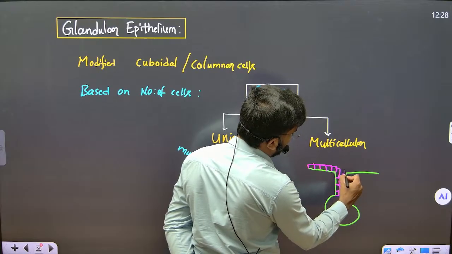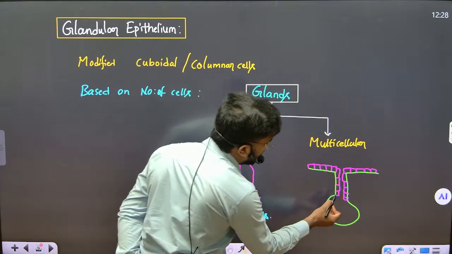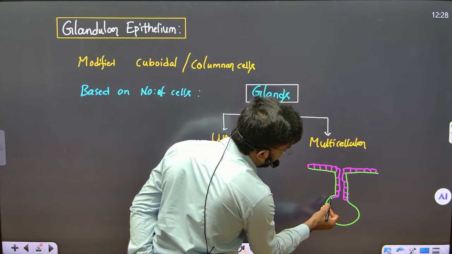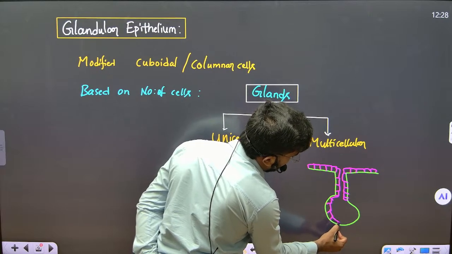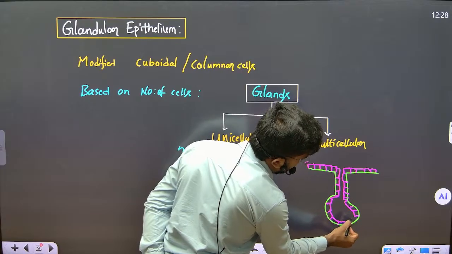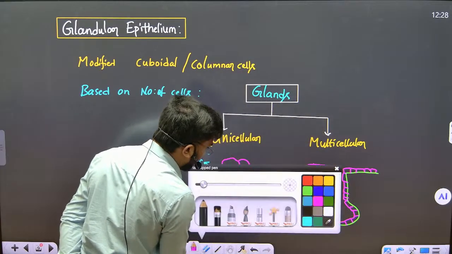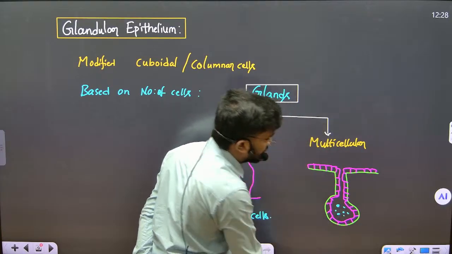Every cuboidal cell need not produce its secretion. As I said earlier, those that have undergone modification will secrete. So these cells which I am drawing now have undergone modification, and they started producing something.